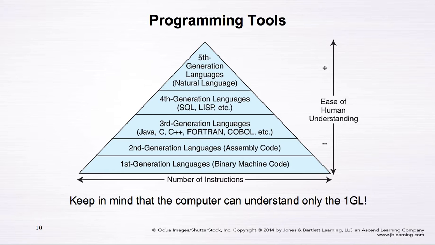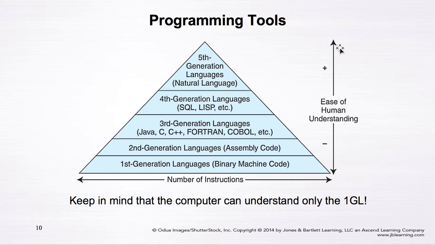We can see that it has a pyramid architecture, where the first generation is at the bottom, with binary machine code, and the second generation is assembly code, and the third generation is Java, C, C++, and so on. The fourth generation is SQL and so on. And the fifth generation is natural language.